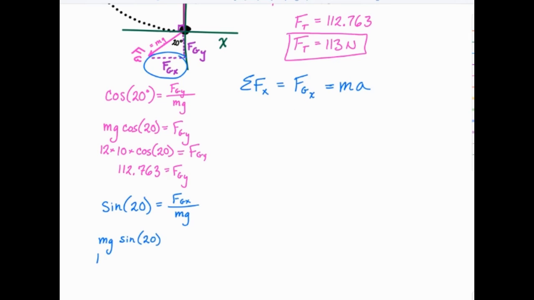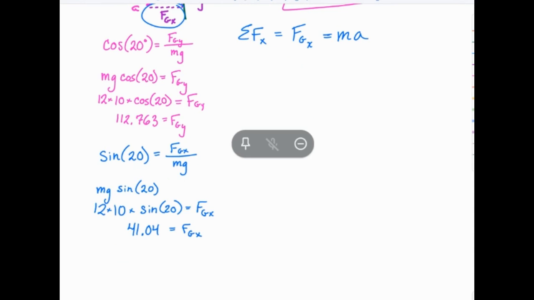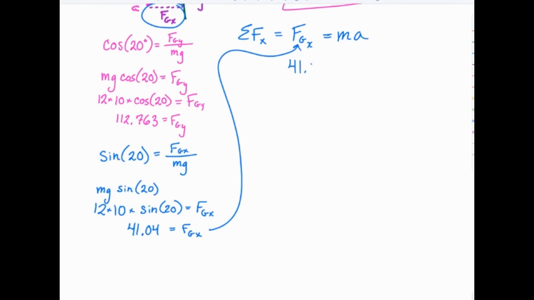Mass is 12, g is 10, and then times sine of 20. And let me type that into a calculator. Alrighty, so now I have 41.04 is equal to my FGX. And so I can plug that into my net force equation. So I'll have 41.04 is equal to my mass, and my mass is 12 kilograms.